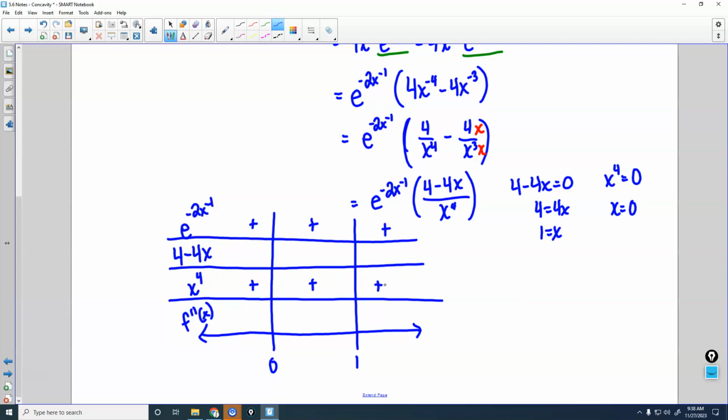So really the 4 minus 4x is the only thing that changes your sign here. If you plug in a negative number, like negative 1, you will get a positive, because you'll have negative times negative, which gives you positive. Between 0 and 1, you will still get a positive, but anything bigger than 1 is when you're going to start to get a negative. So you will have a positive here, and negative.